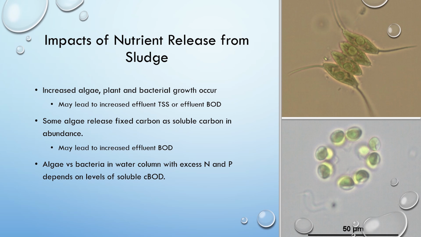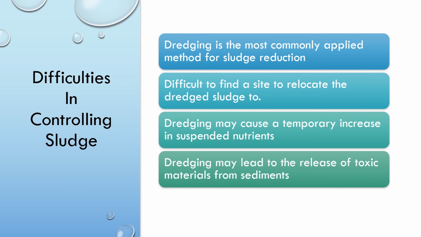In most wastewater lagoons, the presence of sunlight and nitrogen and phosphorus will promote the growth of algae. So in water with high soluble organic compounds, you will promote the growth of free bacteria.